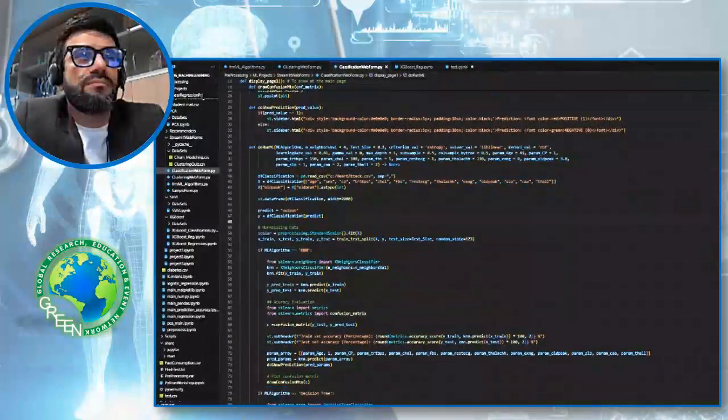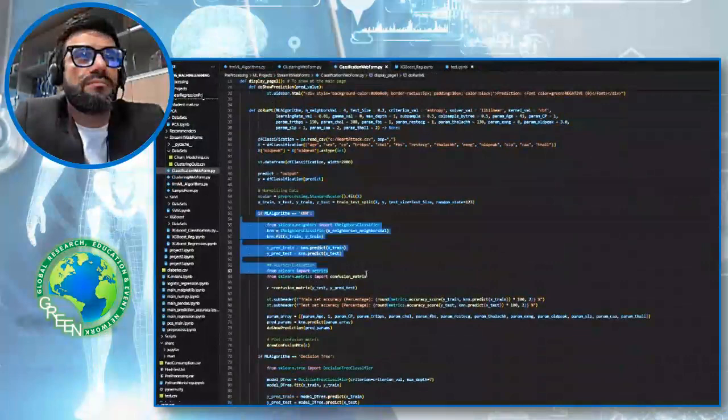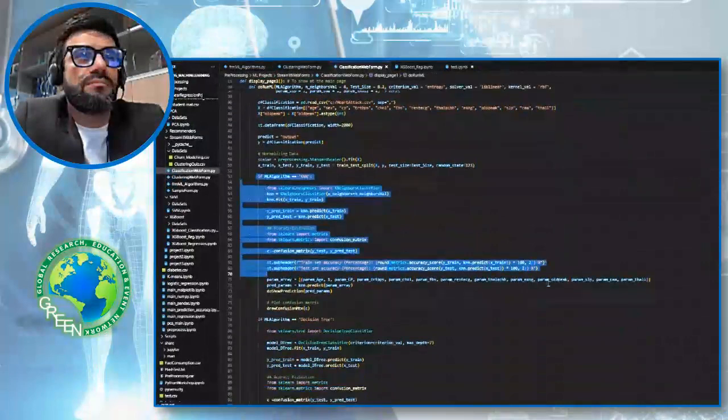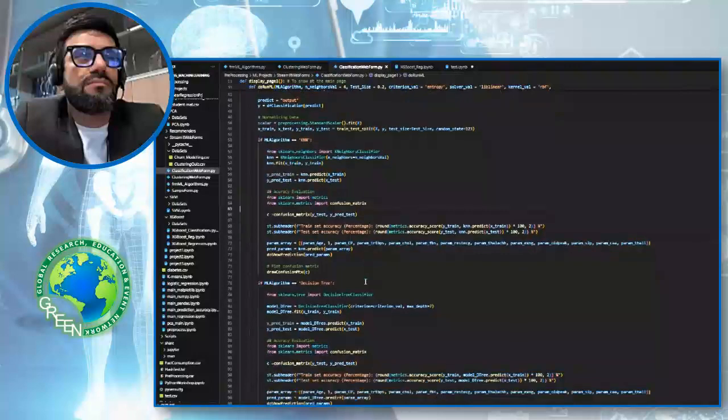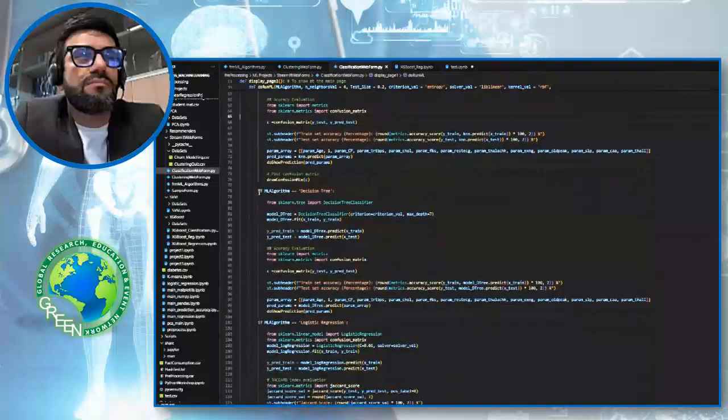For example, if I choose KNN, one of the major algorithms that we were talking about, the interpreter will work on each line of the code based on the condition or functionality of each script. For example, here I imported the k-neighbors classifier, and another algorithm has been shown completely.